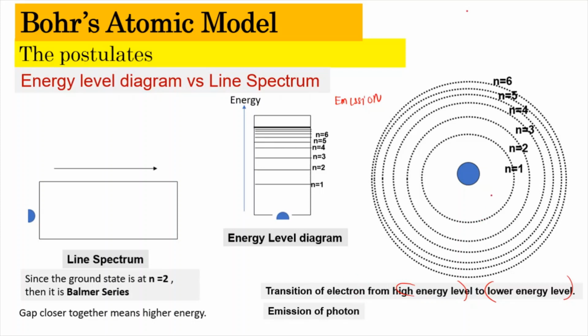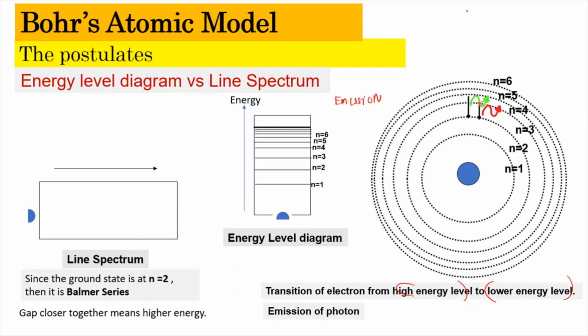As you can see here, a photon can be produced when the electron goes from n equal to 3 to n equal to 2, and this is going to produce a photon here. At the same time, you can also get another photon when the electron falls from n equal to 4 to n equal to 2, and this is going to produce a green color photon here.